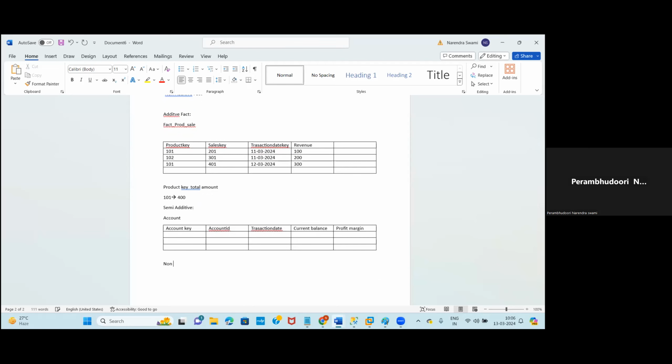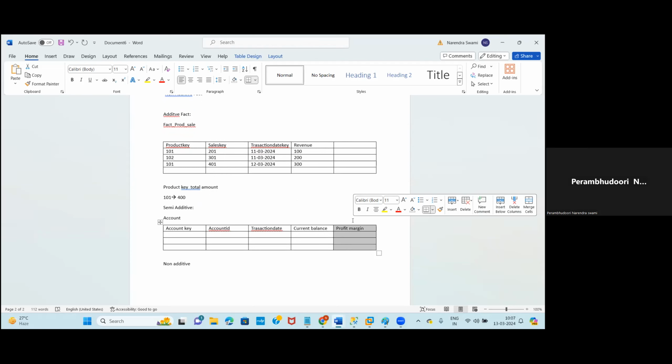And in the same way, non-additive is something like this. See, in the top example, in this example, if you see profit margin, by using a single column we can derive something like the bank's profit margin, whether it is in loss or in profit. So this is called non-additive.